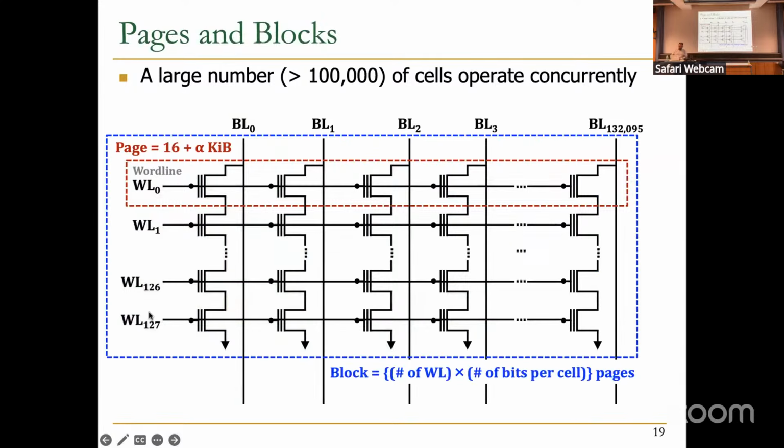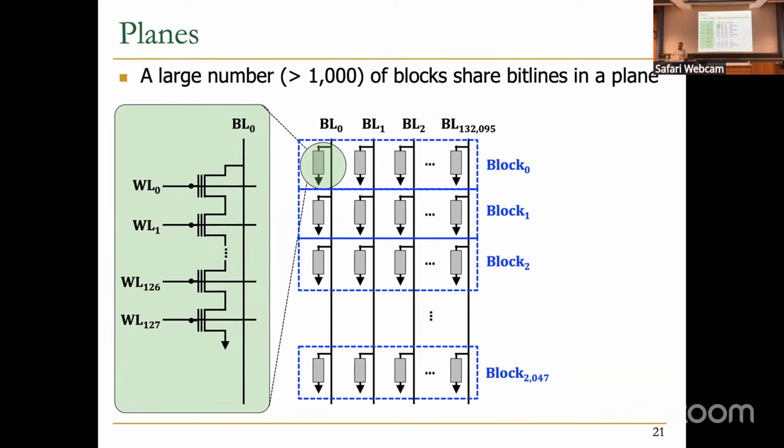So for the definition of block, you should consider that all NAND strings in one row are going to be a page, and the combination of pages vertically is going to be a block. But in planes, there are different blocks in the NAND flash die that share the same bit lines, okay? So this bit line 0 is shared across different NAND strings. That is called a plane in a NAND flash hierarchy.